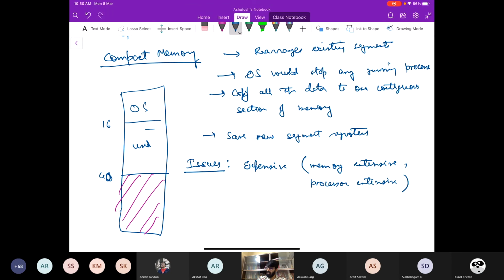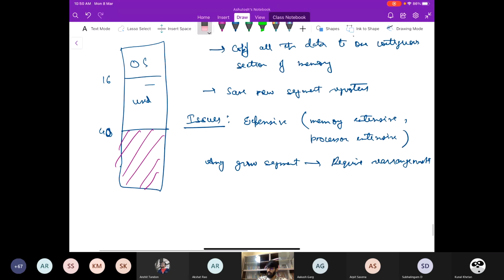And also, any grow segment request will again require you to rearrange everything, shifting everything else, right?